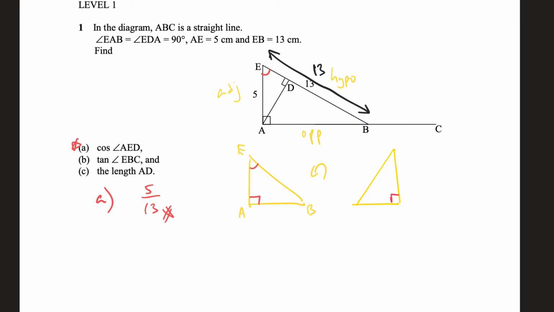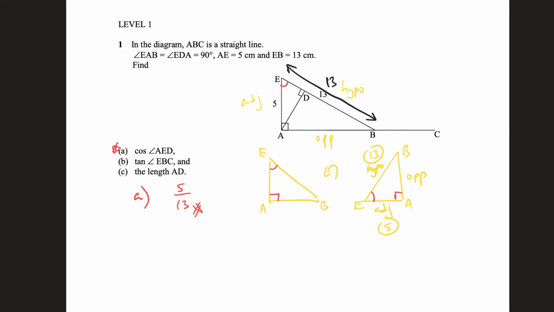You can see clearly that this will be my hypotenuse, this is the adjacent side, and this is the opposite side. Hypotenuse was 13 and adjacent was 5, and that's why it's 5 over 13.